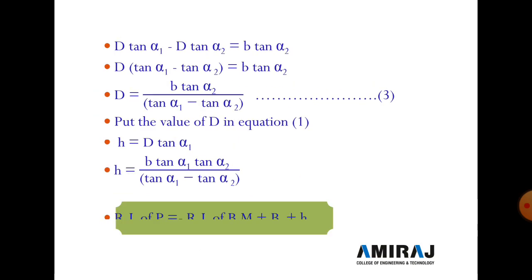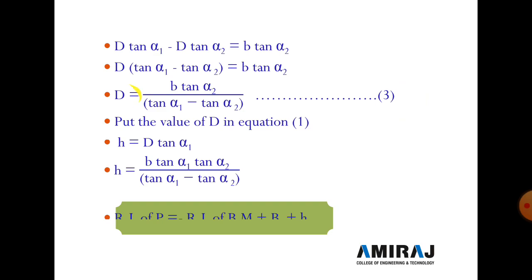Taking d common, in the bracket d (tan alpha 1 minus tan alpha 2) is equal to b tan alpha 2. So the horizontal distance d is equal to b tan alpha 2 divided by (tan alpha 1 minus tan alpha 2). This we find as equation number 3.